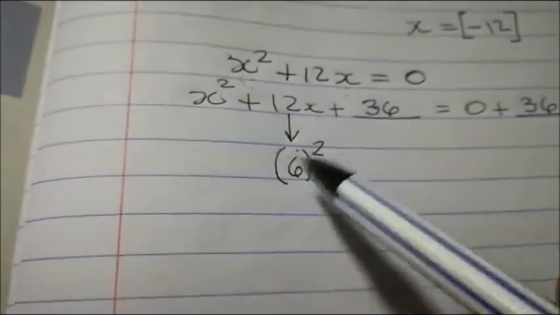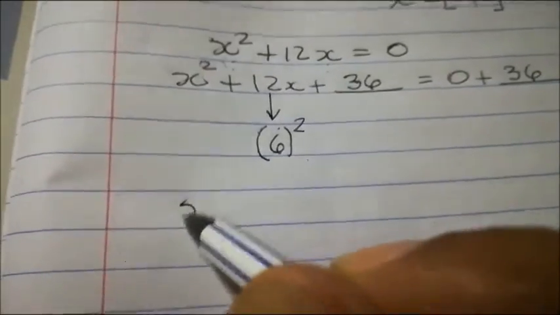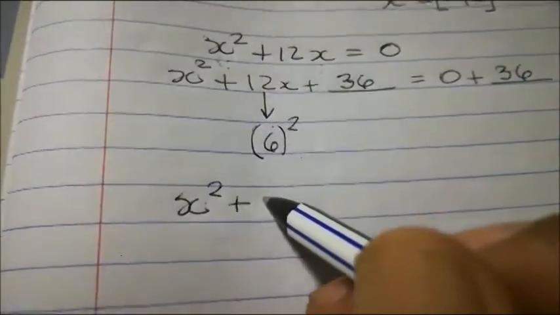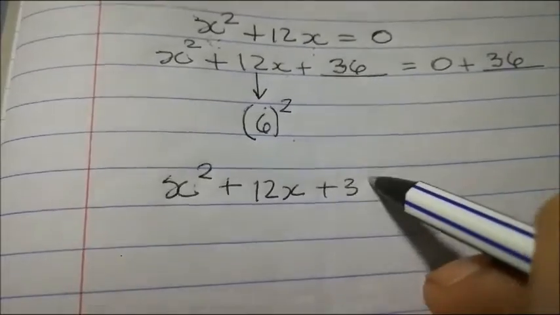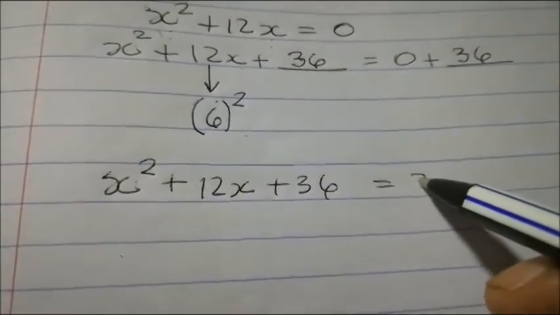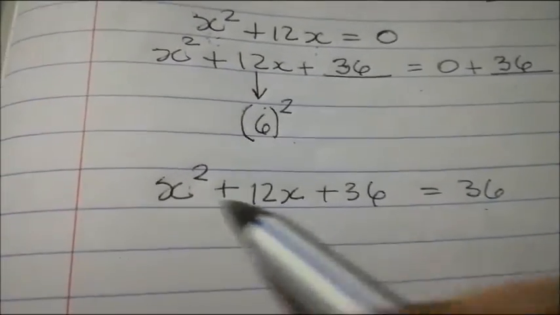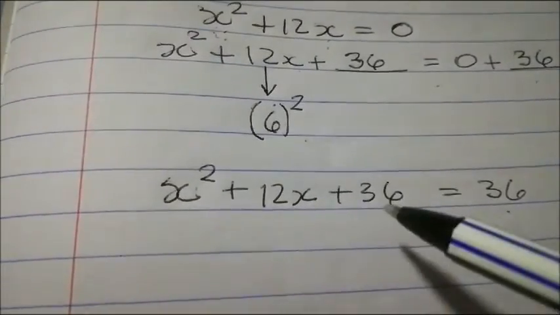So our new expression now is a trinomial. It's a perfect square trinomial, which means that we can factorize it very easily. Equals 36, because 0 plus 36 is equal to 36. Now we can factorize this to get an expression.